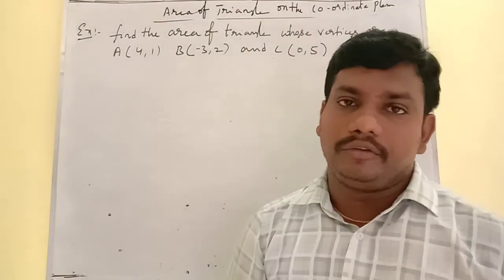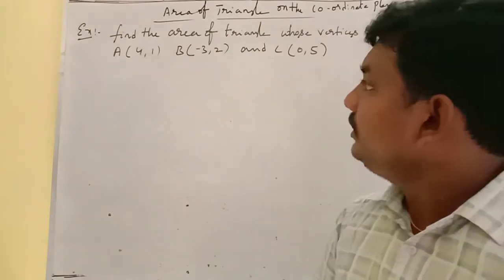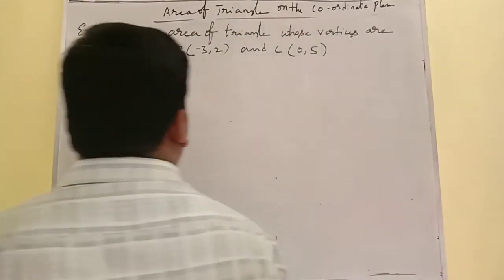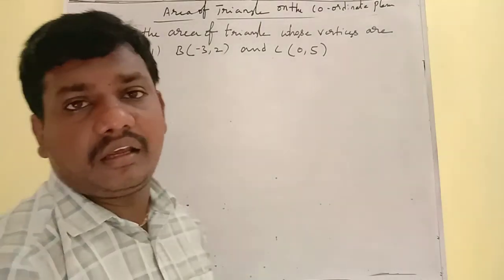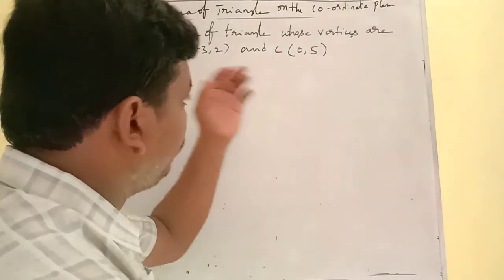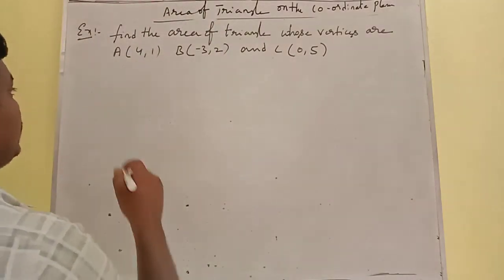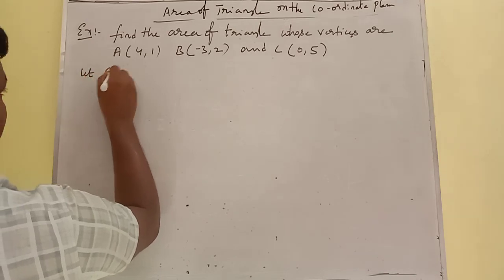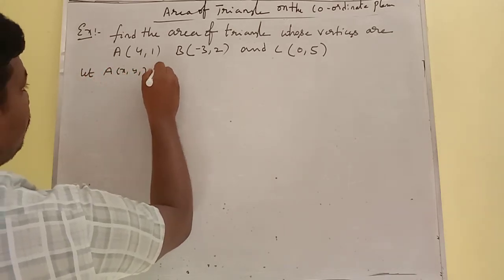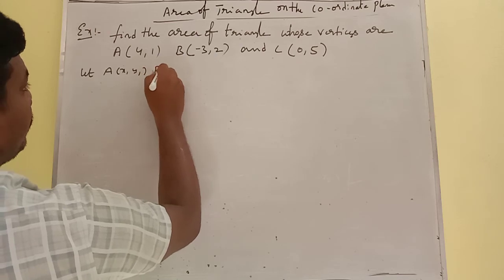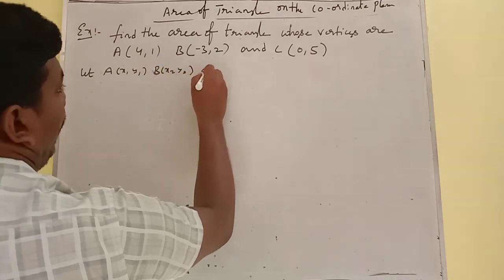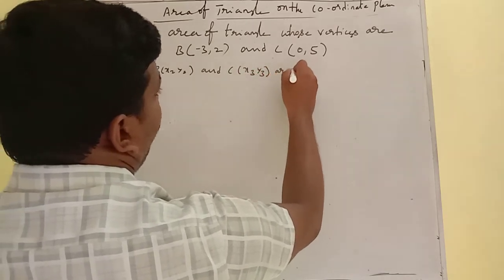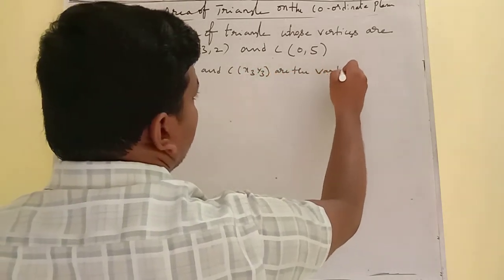Now we are going to do an example sum. Find the area of the triangle whose vertices are A(4, 1), B(-3, 2) and C(0, 5). We are going to find the area by this formula. What is the formula? Let A(x1, y1), B(x2, y2) and C(x3, y3) be the vertices of triangle ABC.